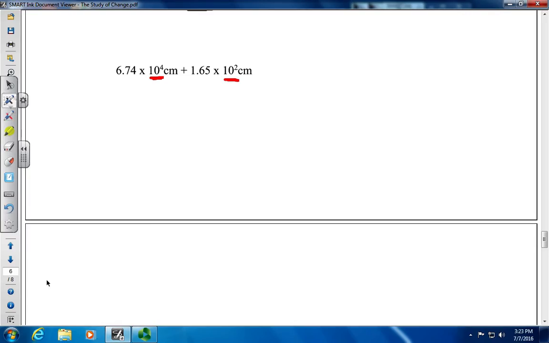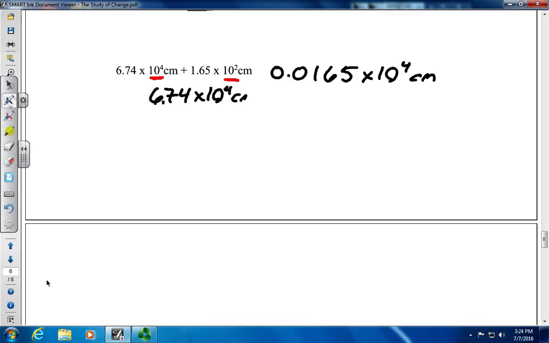And to do so, you simply move the decimal place 3 spaces to the left. So our new value would be 0.0165 times 10 to the 4th centimeters. And then it's just a matter of adding the 2 together. So 6.74 times 10 to the 4th centimeters plus 0.0165 times 10 to the 4th centimeters.